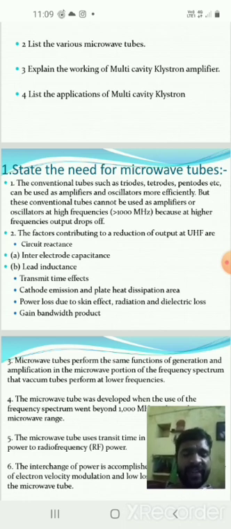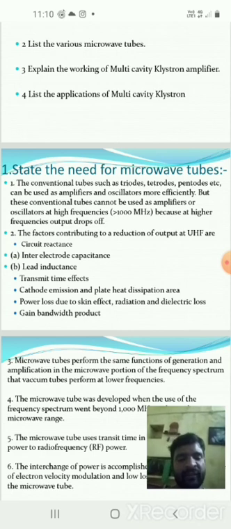At very high frequencies, above 1 GHz or 1000 MHz, microwave tubes are designed separately, because at high frequencies the output drops more in conventional tubes.